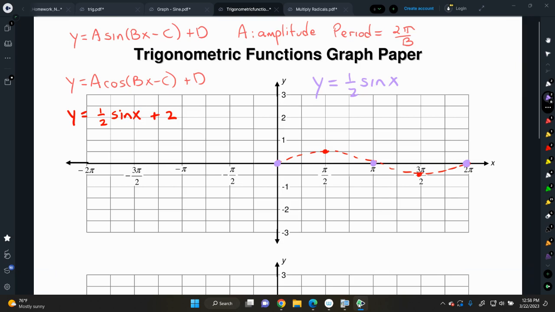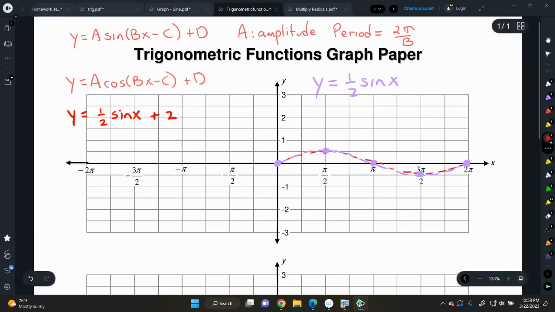Halfway between those it has an amplitude of 1/2, so instead of going up to 1, I'm only going up to 1/2, and then we go down to negative 1/2. Then we'll sketch our basic curve in there. Try not to take shortcuts. Those shortcuts are leading some of you to make mistakes.